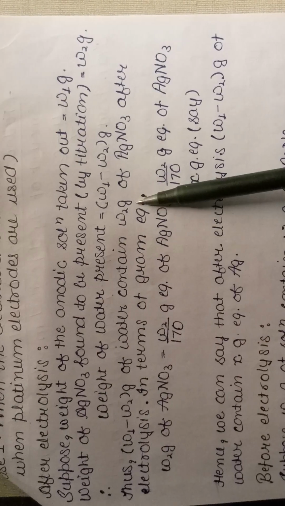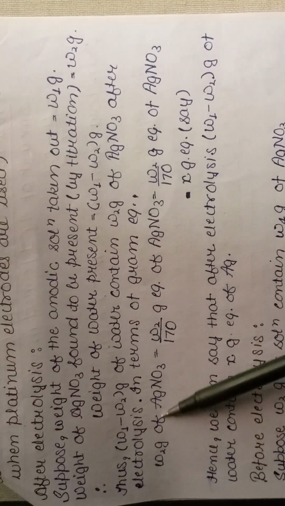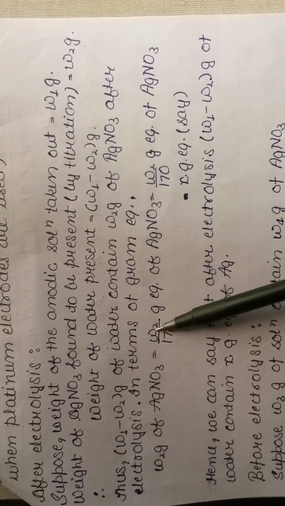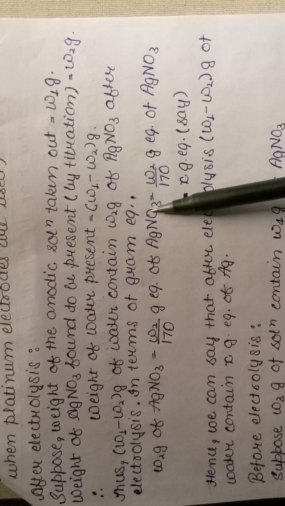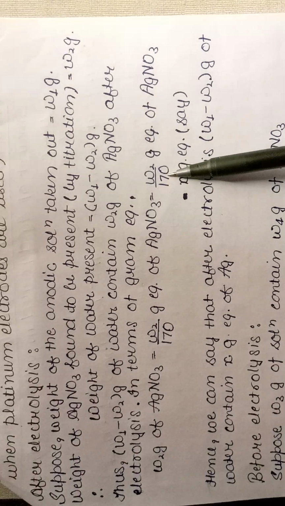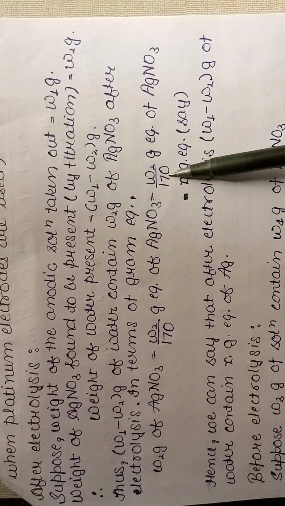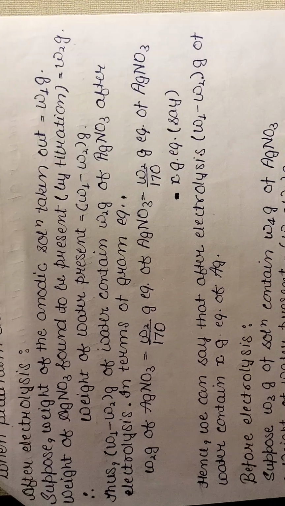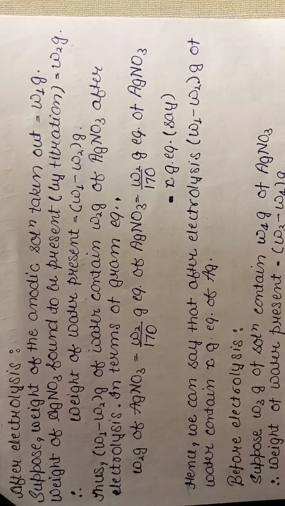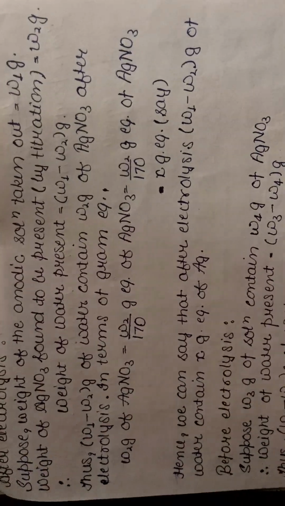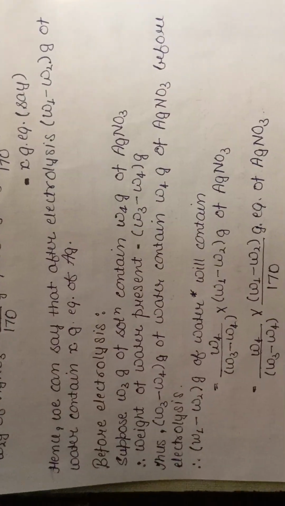In terms of gram equivalent, W2 gram of AgNO3 is equal to W2 divided by 170 gram equivalent of AgNO3. Hence, we can say that after electrolysis, W1 minus W2 gram of water contain X gram equivalent of Ag.